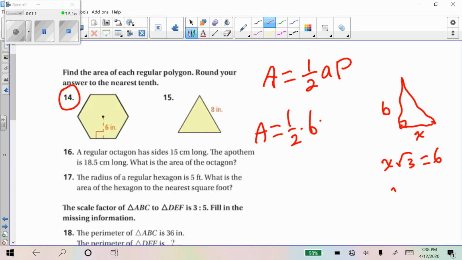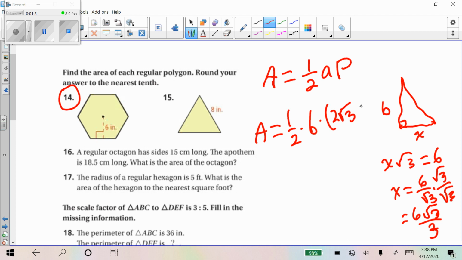So that means x equals 6 divided by the square root of 3. In simplest radical form, that would be 6 times the square root of 3 over 3. And 6 divided by 3 is 2, so 2 times the square root of 3.